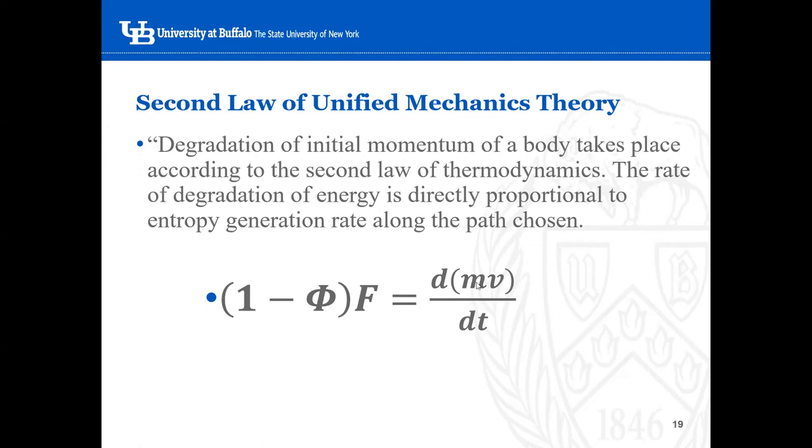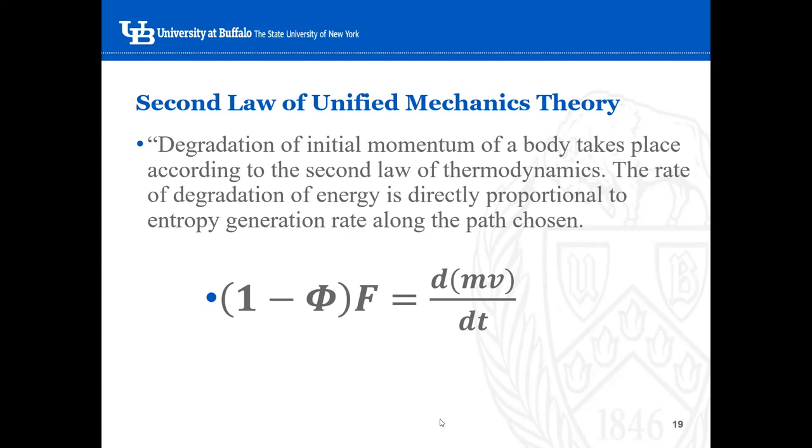As you know, Newton's law is not valid for variable mass systems. So mass is constant with respect to time. It goes out, so dv over dt, acceleration. However, that initial acceleration will degrade according to the second law of thermodynamics. So this becomes the second law of unified mechanics theory.